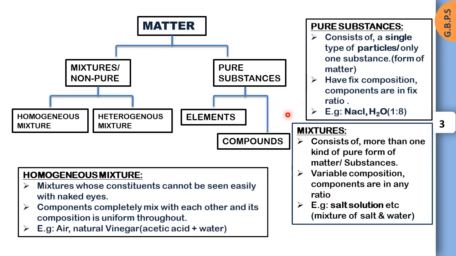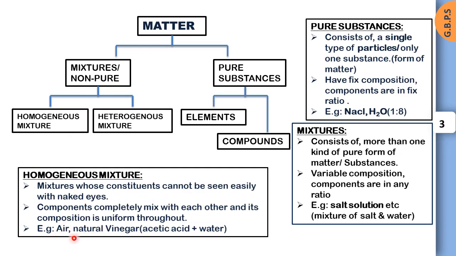I think now you all are clear about pure substances and mixtures. Anyway, this mixture can be further classified into homogeneous mixture and heterogeneous mixture. I know you guys are very familiar with heterogeneous and homogeneous mixtures. Just take a look. Homogeneous mixture: a mixture whose constituents cannot be seen easily with naked eyes is called a homogeneous mixture.